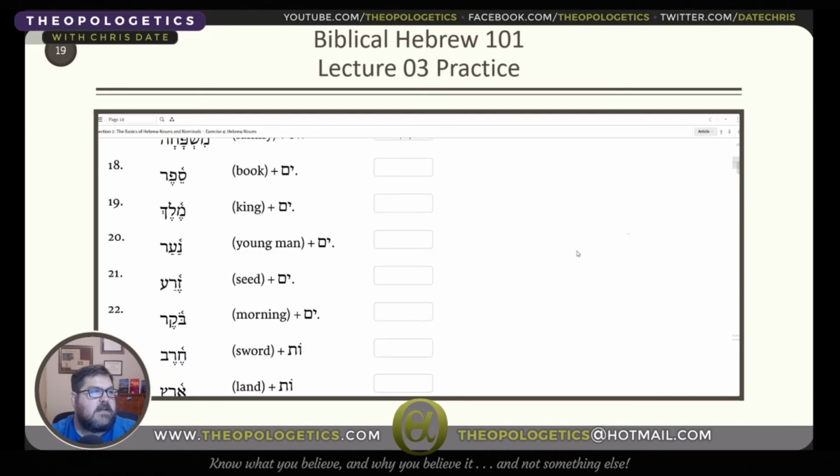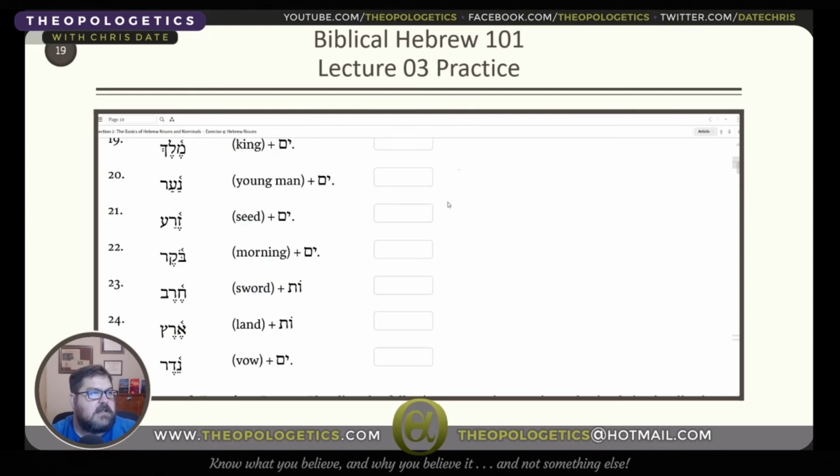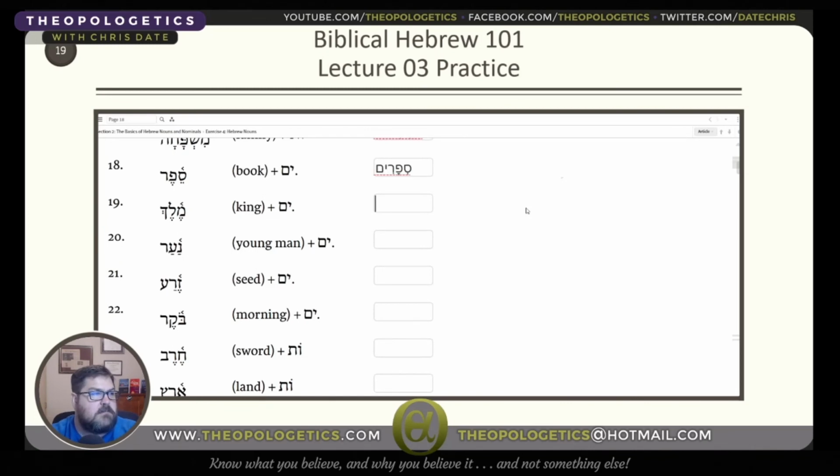Sefer. Here we have another segholate. Segholates all have the same vowel patterns, and in the case of the masculine, that's a'im. So we'll say this is likely sefarim. Melech is a segholate, so again we can just do the a'im pattern: malachim.